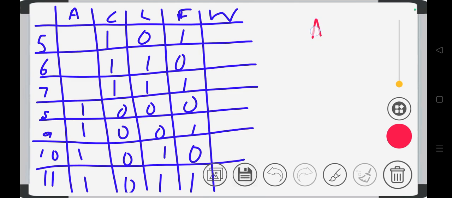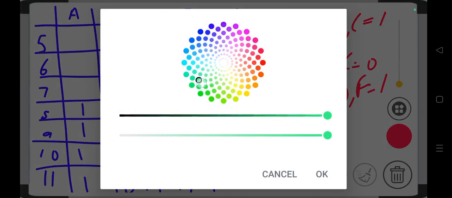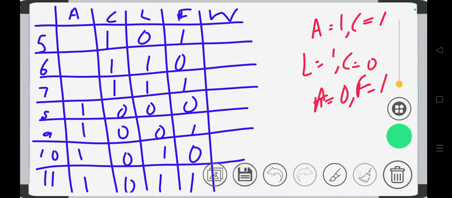Conditions are A1 C1, then L1 C0, then A0 F1. These are the conditions. So going to how we form the output, guys.